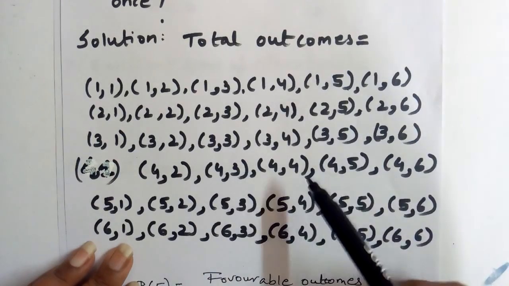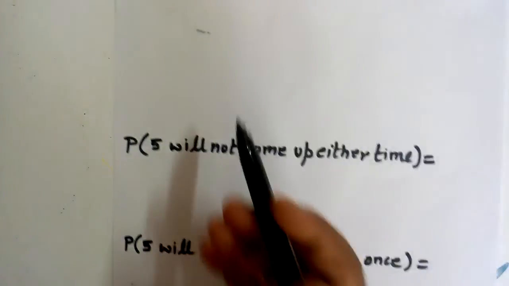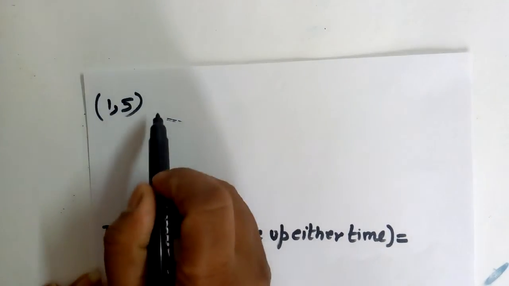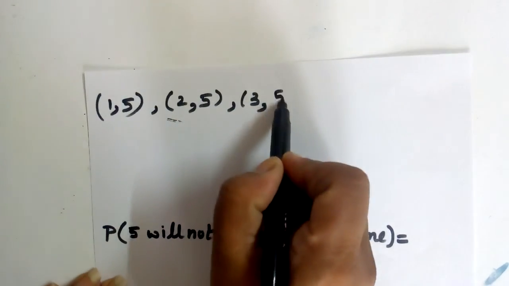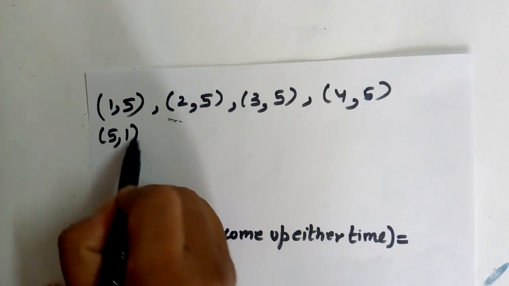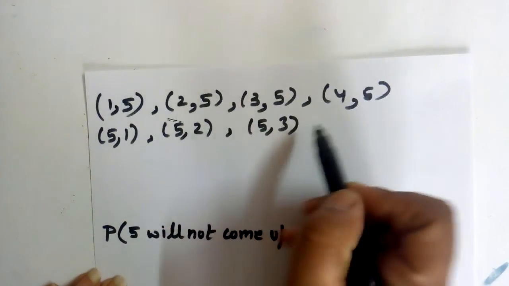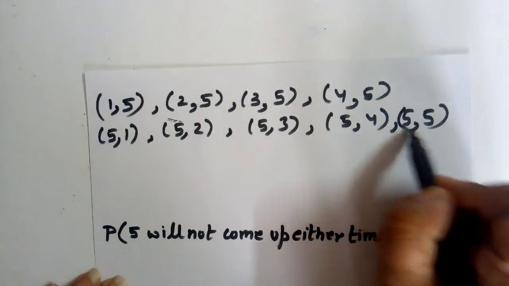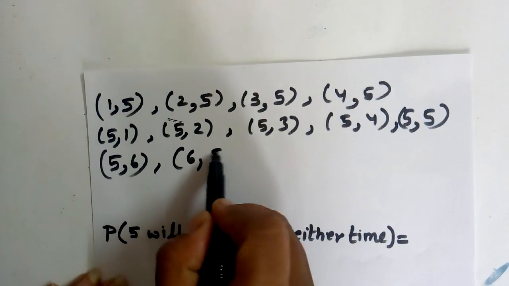So either you can tick mark here, or you can write like this: 1 comma 5, 2 comma 5, 3 comma 5, 4 comma 5, and 5 1, 5 2, 5 3, 5 4, 5 5, 5 6, and 6 5.